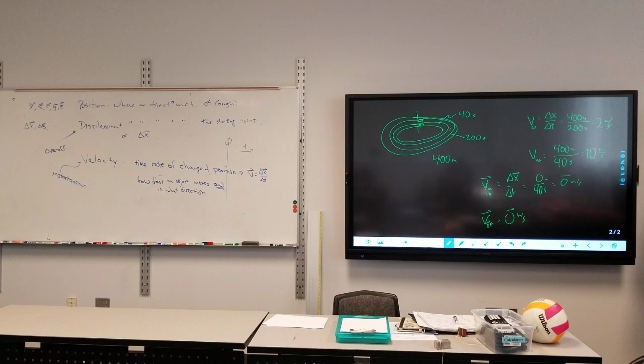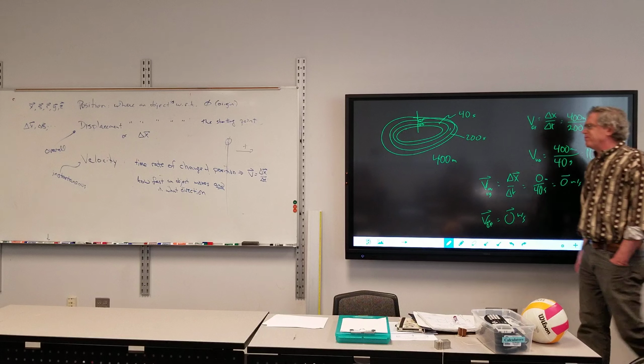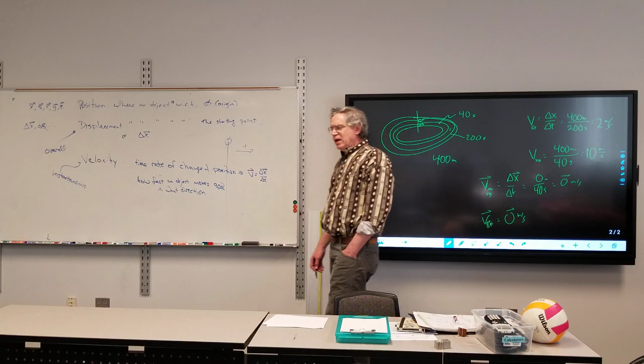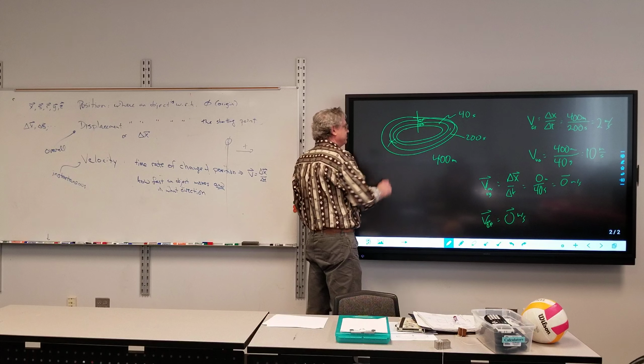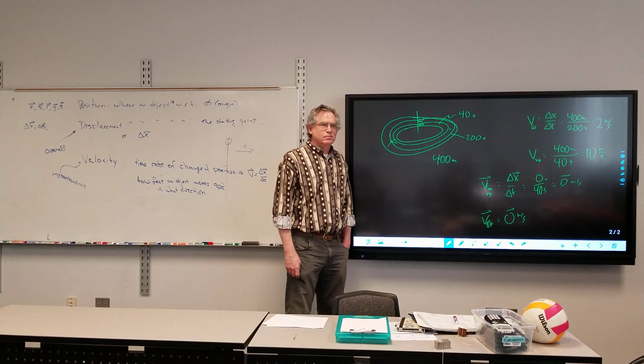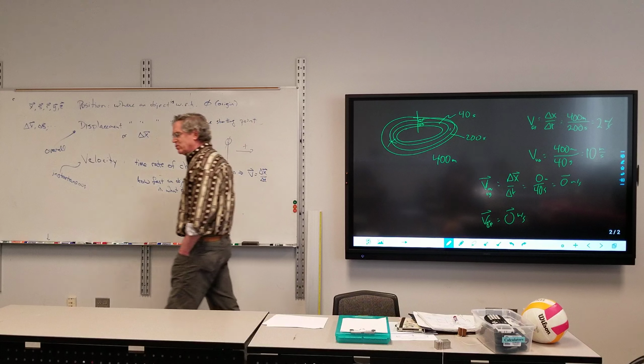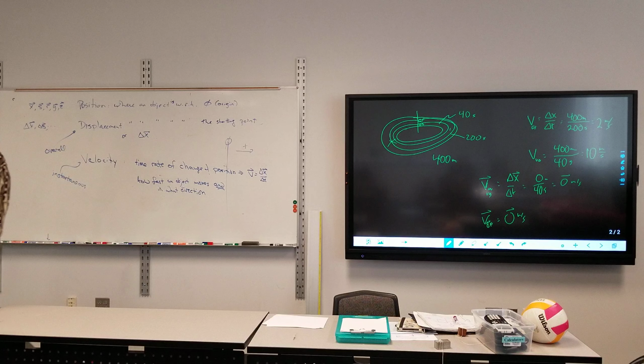It took me 200 seconds to do that. But I can take it one step further. When he finishes the race, I'm probably about here. Who has a greater magnitude of average velocity when he finishes the race? Now the word magnitude here means that in the end, I don't care about the direction.